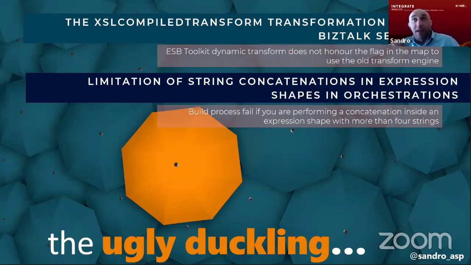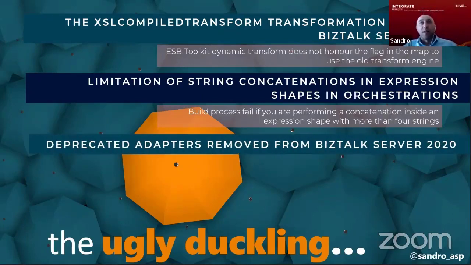If you are trying to concatenate a string with more than 4 inputs, that will fail. Don't ask me why. So you need to do a concatenation of concatenations inside the expression shape, or you can use a helper class to do it, and there you can do whatever you want. There is no limitation at all.